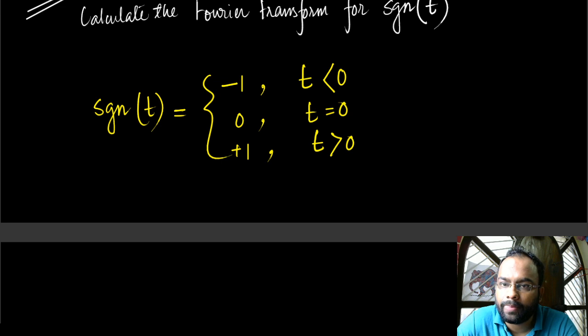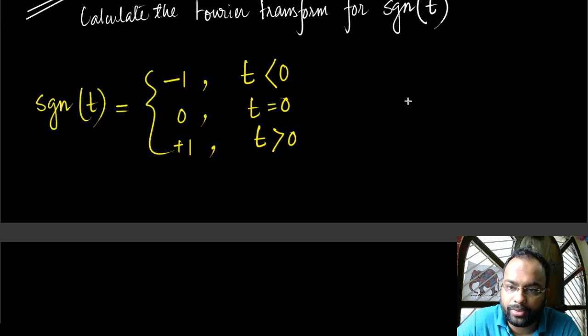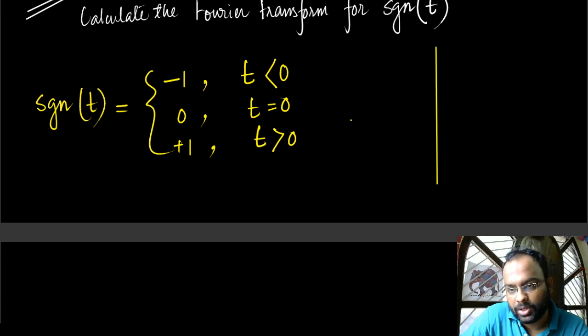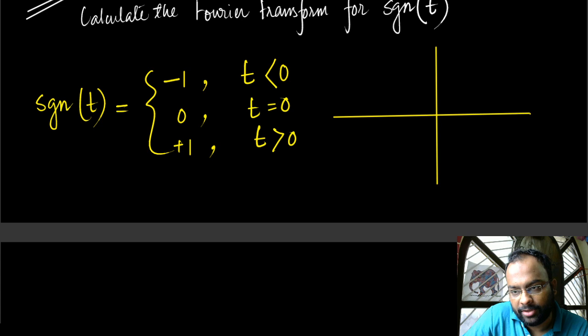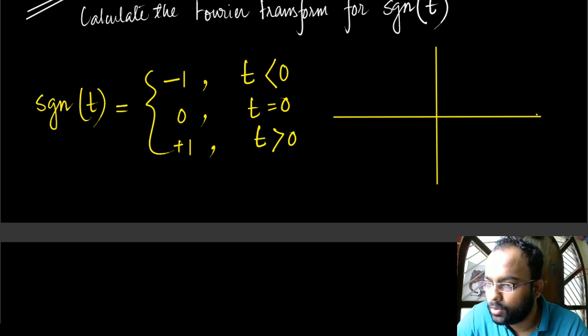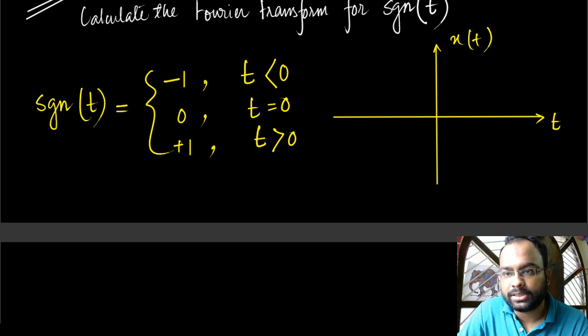With that said, if you are unable to do this, of course we are going to do that in any case on the next class, but I would request you to try this at home, because as teachers we know that unless you actually try solving problems by yourself at home, you won't learn anything. You might think you have learned, but you won't. Okay, so this is the signal we are talking about.